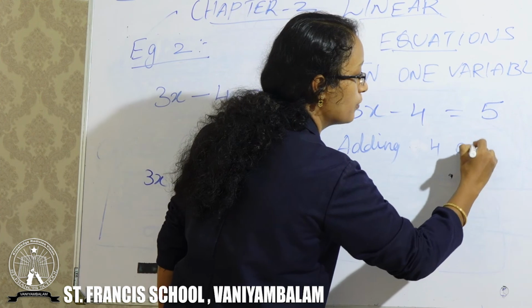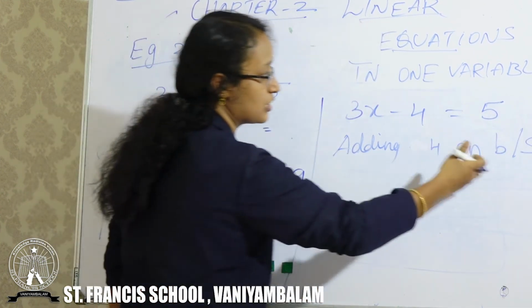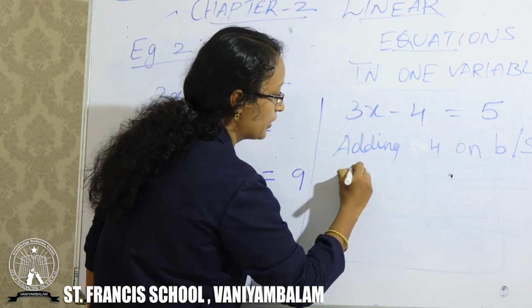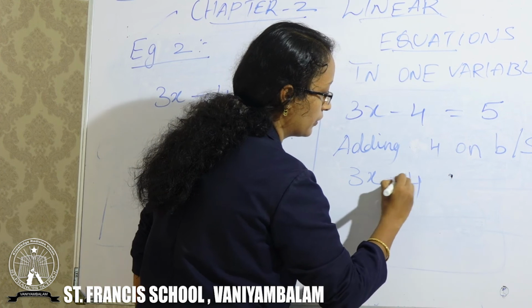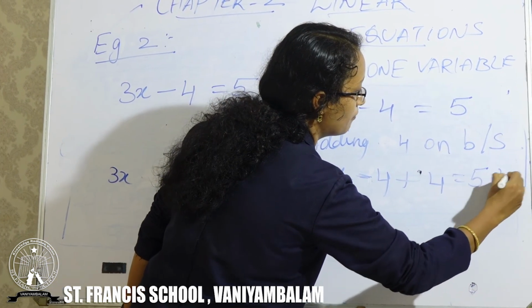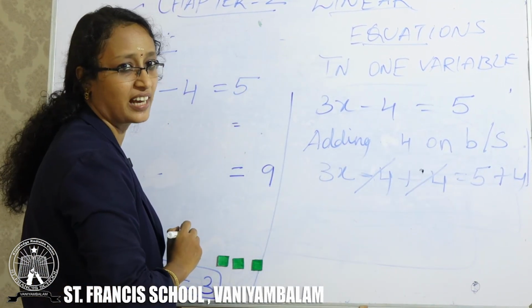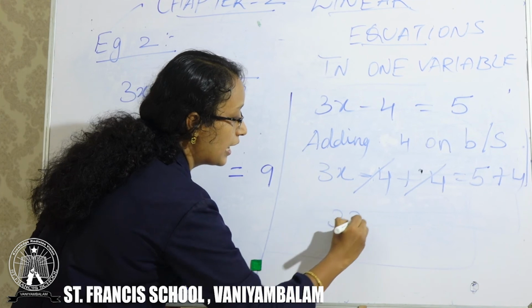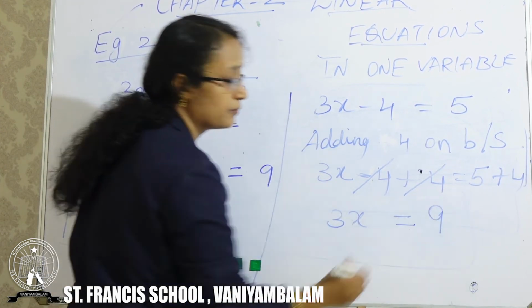You know the short form of both sides, b.s. So 3x minus 4 and 5 plus 4. Minus 4 plus 4 will get cancelled. So you will have 3x is equal to 9.